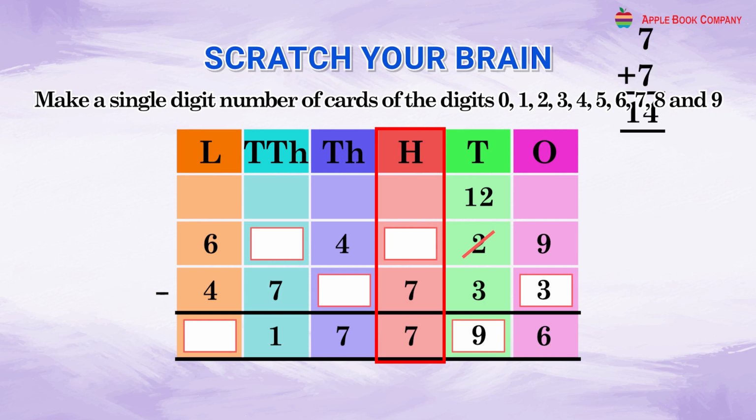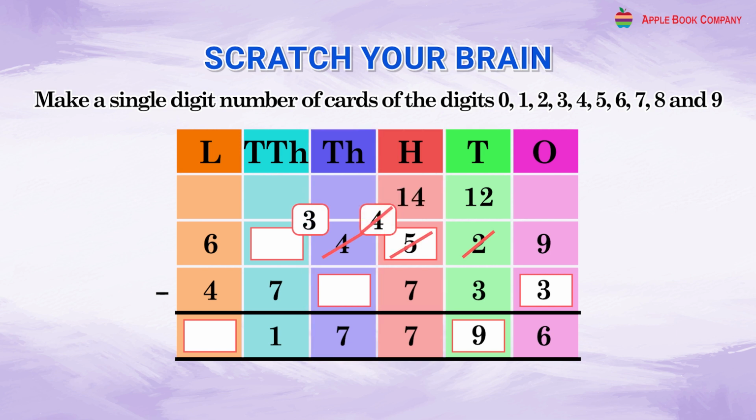So let's add the numbers. 7 plus 7 is 14. So the number has to be 14 minus 7 to give you 7. Since we have already given 1 to tens, the number should be 5, considering 1 is borrowed from thousands.